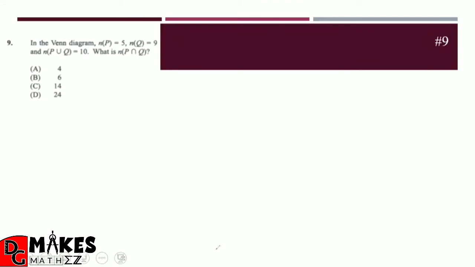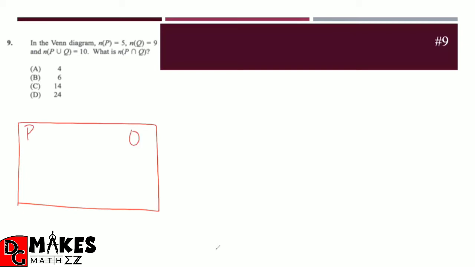And it says, in a certain Venn diagram, we have the set P and the set Q. It says the number of elements in P is 5. That means the entire set here, the total is 5.